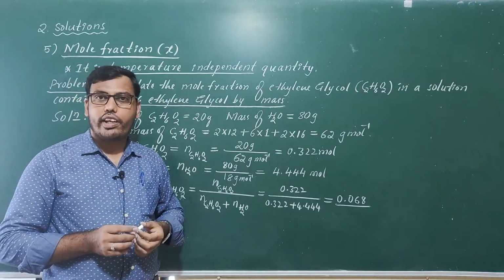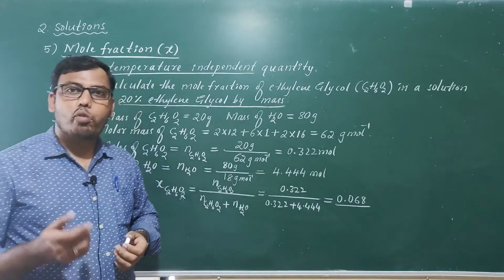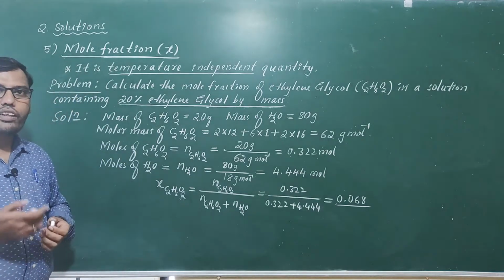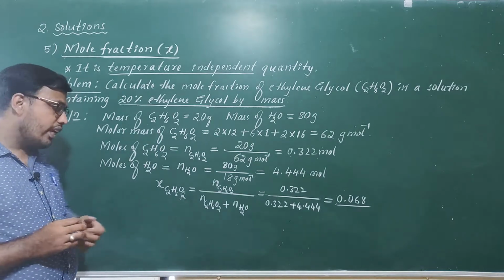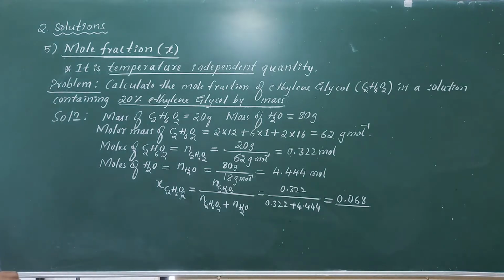Even we can calculate the mole fraction of water also, because the mole fraction of all the components is always equal to 1. So therefore I can calculate the mole fraction of water also.